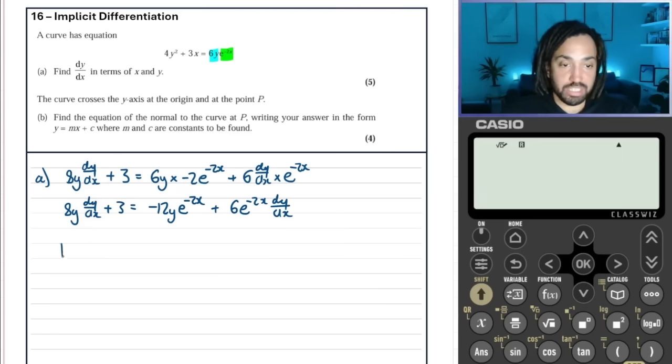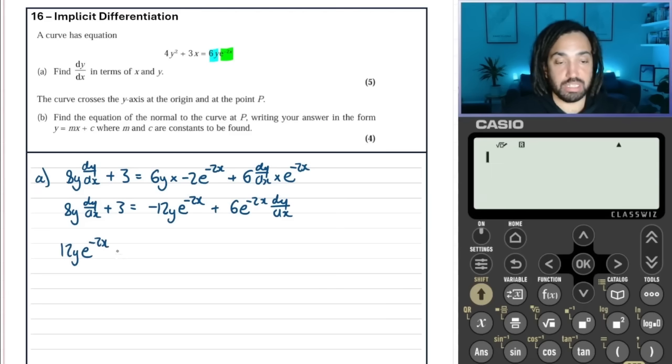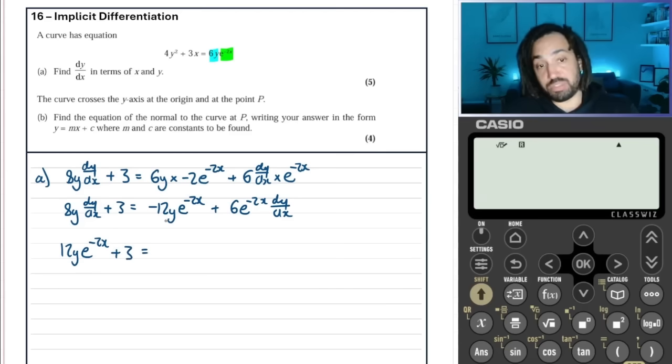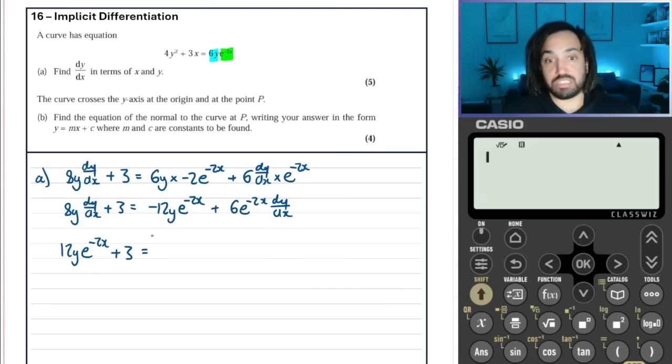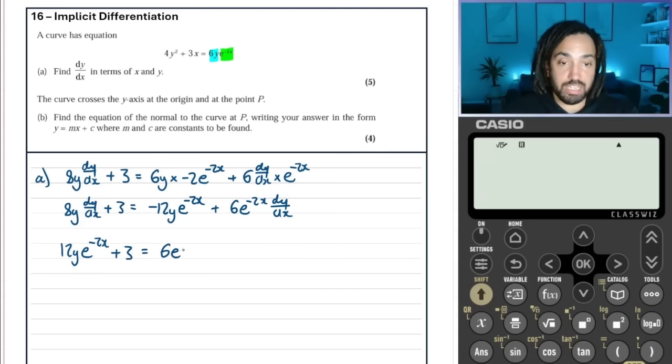So we'll add this 12y e to the minus 2x over that side, and keep the plus 3. And that's quite nice because it means that both of those terms are positive on that side. And then we will keep this term on this side because it has dy by dx. And we'll move the 8y dy by dx over, so we get 8y dy by dx.